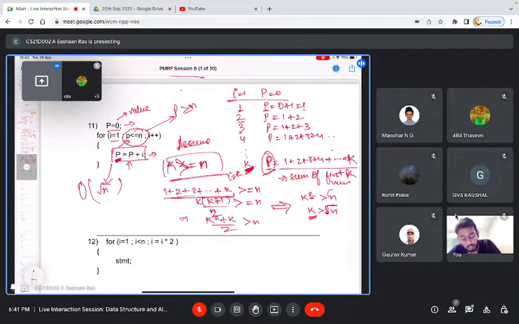The formula we got is k into k plus 1 divided by 2. If you expand and solve it, it comes down to k square greater than or equal to n. Putting k square on the other side, k is approximately root n. That's why for this function the order of time complexity is root n.